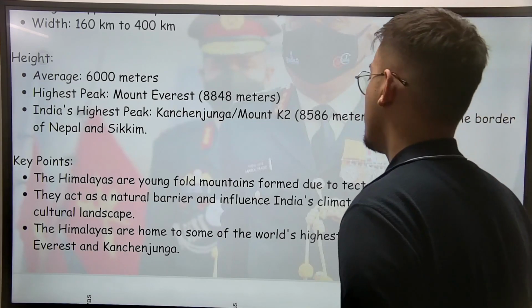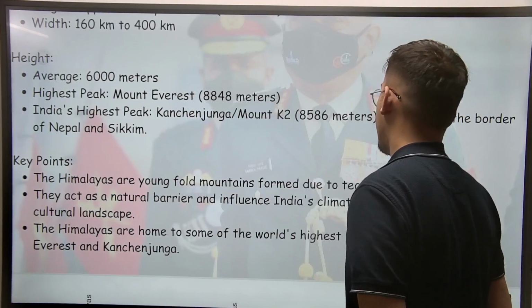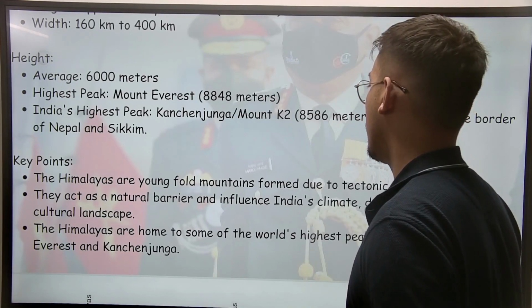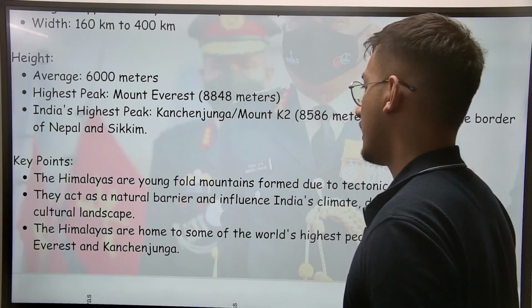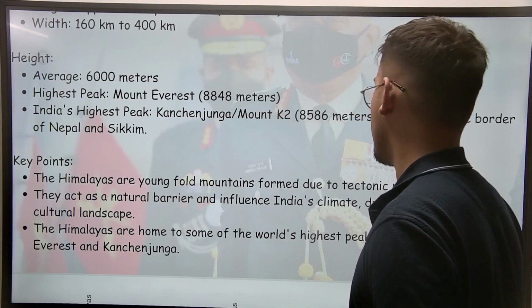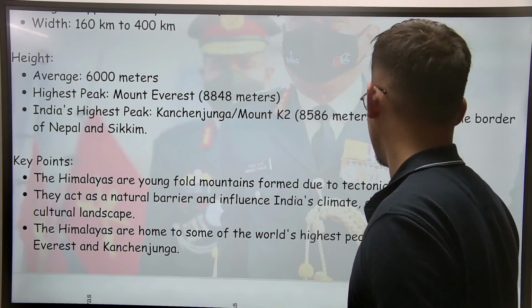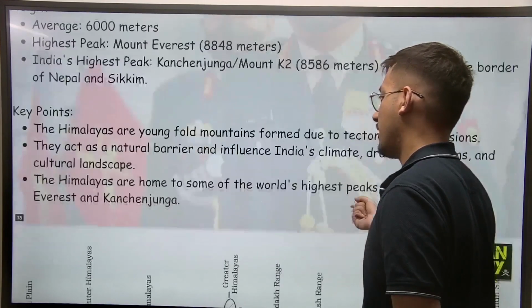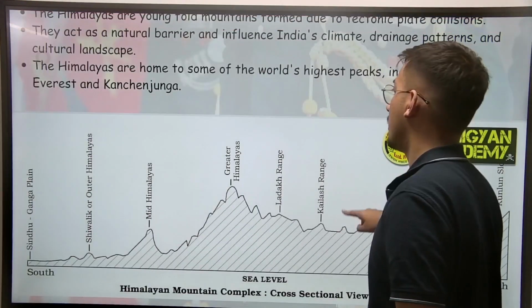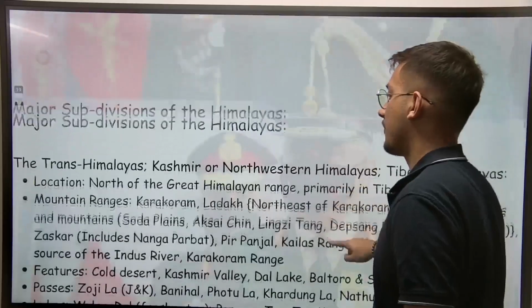India's highest peak is Kanchenjunga at 8586 meters, located at the border of Nepal and Sikkim. Key points: the Himalayas are young fold mountains formed due to tectonic plate collisions. They act as a natural barrier and influence India's climate, drainage patterns, and cultural landscape. They are home to some of the world's highest peaks, including Mount Everest and Kanchenjunga.